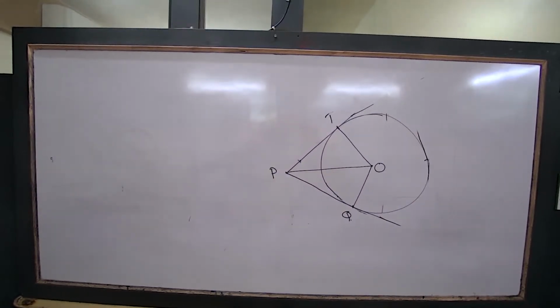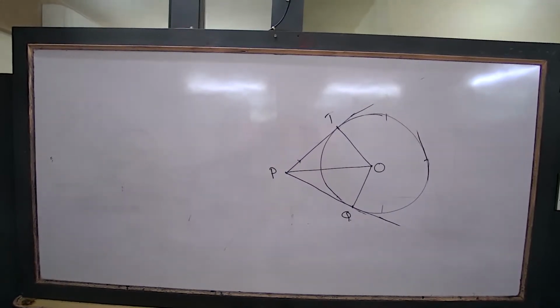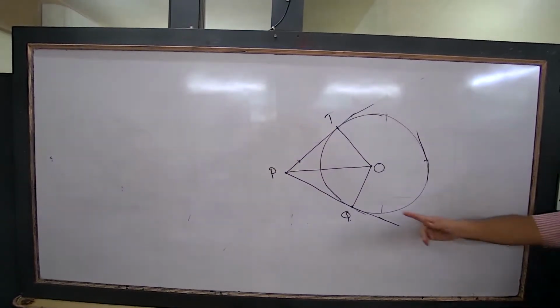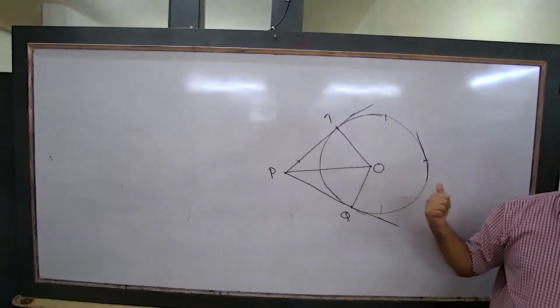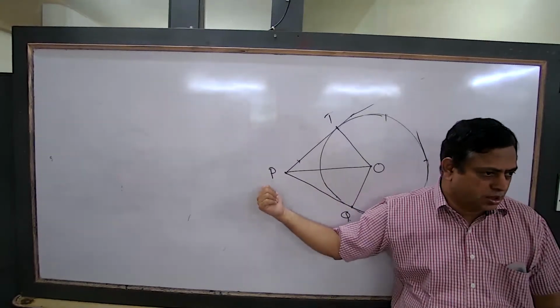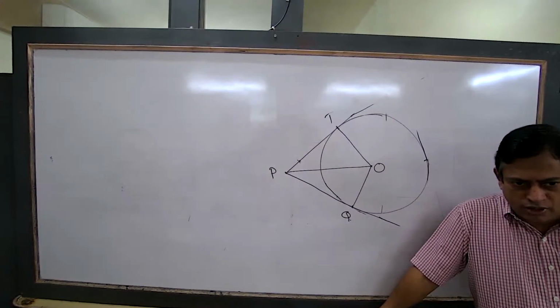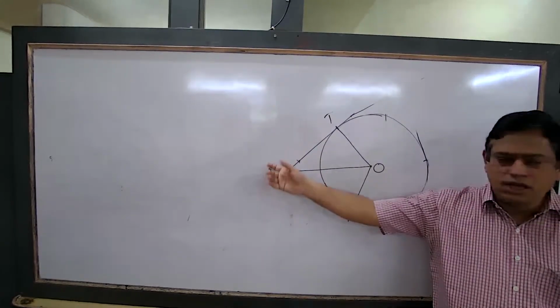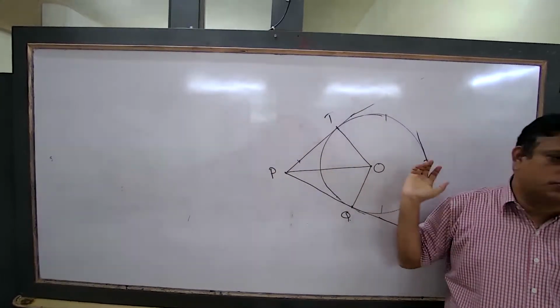The statement says: if two tangents are drawn from the external point to the circle, so the given condition is that PT and PQ are two tangents drawn from the external point P to the circle with center O. Are you followed?